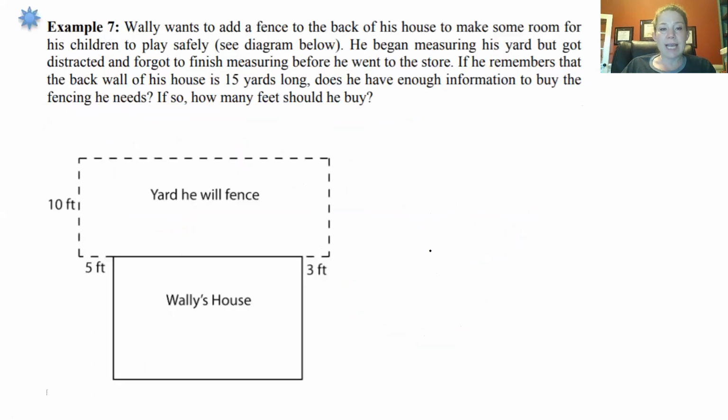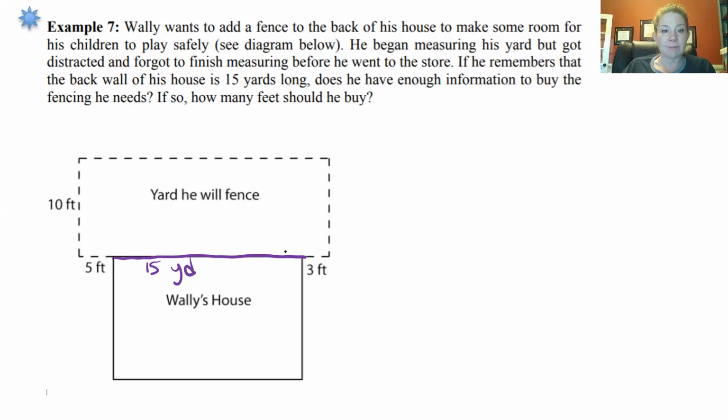All right, Wally wants to add a fence to the back of his house to make some room for his children to play safely. He began measuring his yard, but got distracted and forgot to finish measuring before he went to the store. If he remembers that the back wall of his house is 15 yards long, does he have enough information to buy the fencing he needs?